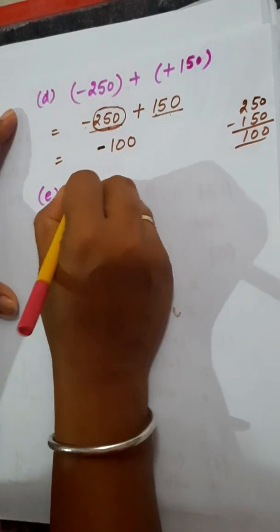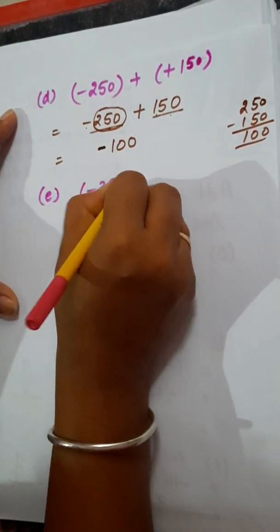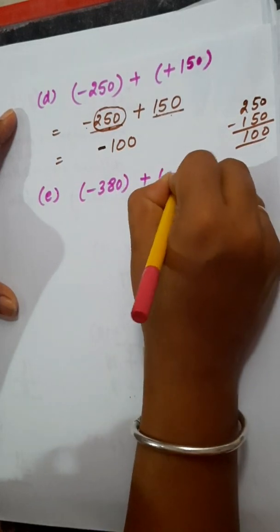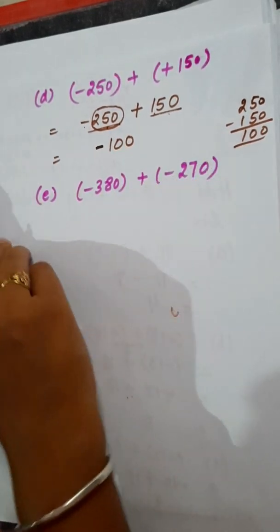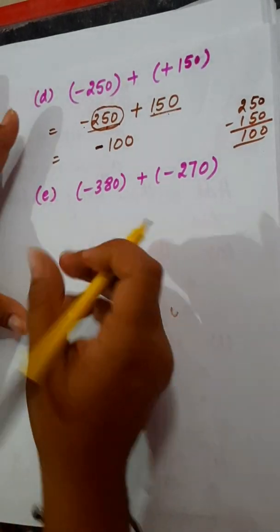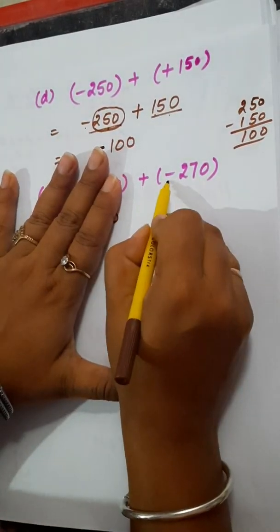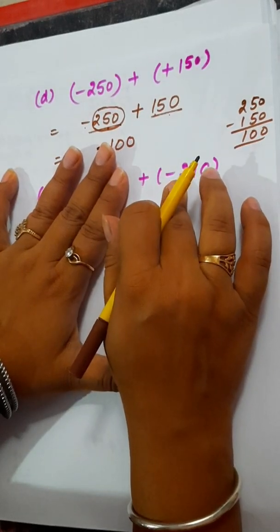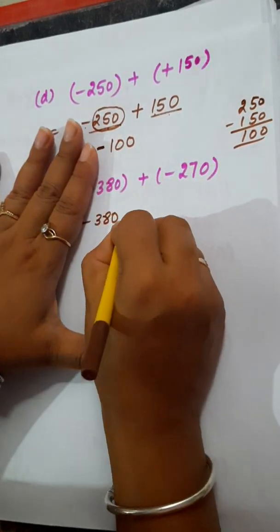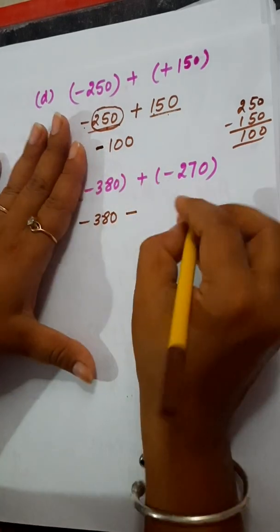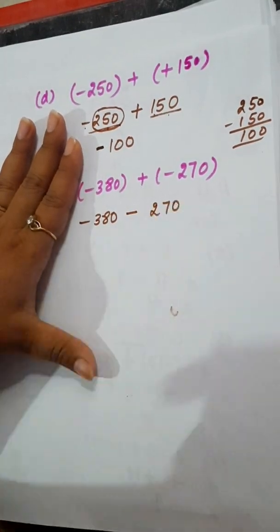Here E part is minus 380 plus minus 270. First I will write minus 380. Here plus minus, both have opposite signs. So what will I do? I will write the sign of subtraction. Then 270.